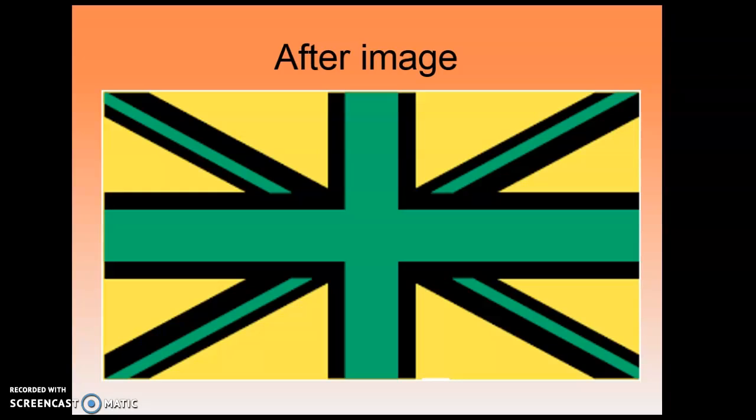Stare intently at the middle. And now pay attention to what colors you seem to see. So I see blue, white rimming the red in the center, and then it fades away fairly quickly.